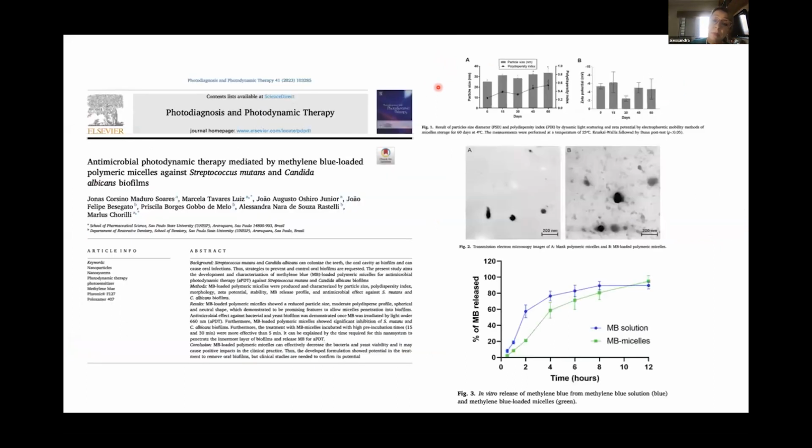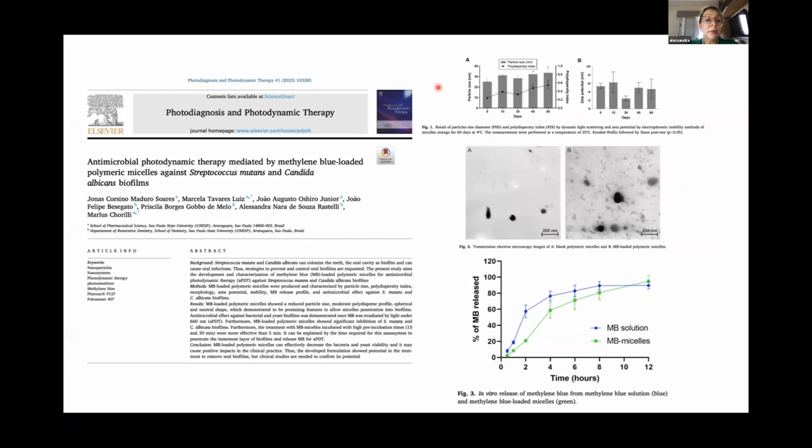So in this way, it's nice to emphasize that APDT can contribute with the control of the biofilm and also with the healing of the dental tissue. And we can already see these effects on the patients that we have treated here in the School of Dentistry.